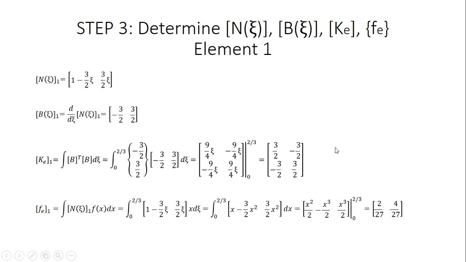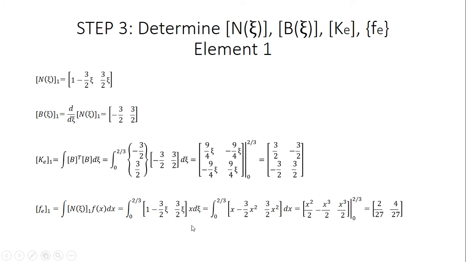And then the last thing that you're going to do, you're going to solve for the F matrix for element 1. And to do this, it's the integral of the interpolation function matrix times f of x. Remember, in our problem statement, we were told that f of x is equal to x. So if you plug those things in, again, the integral goes from 0 to 2/3 because that's the coordinates for element 1.